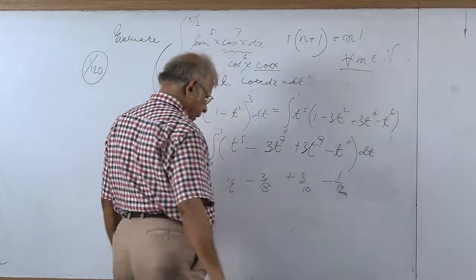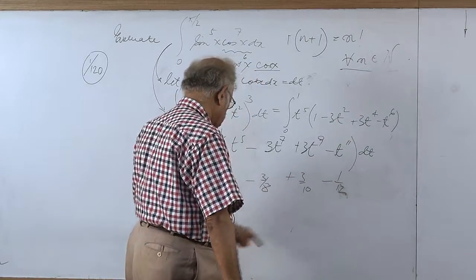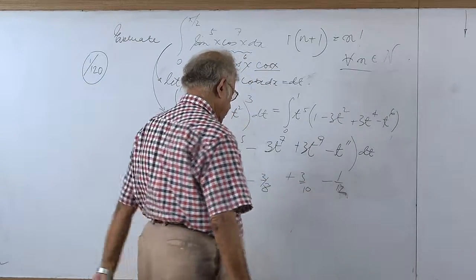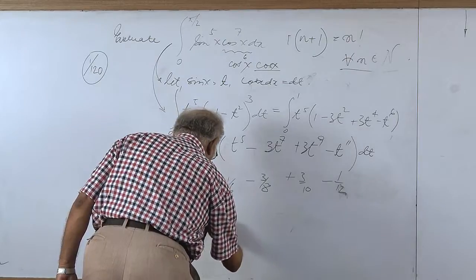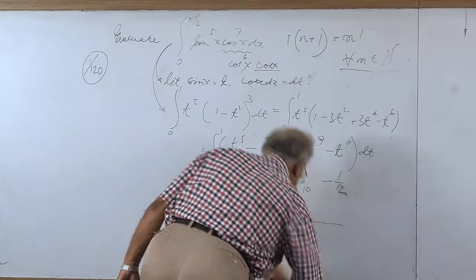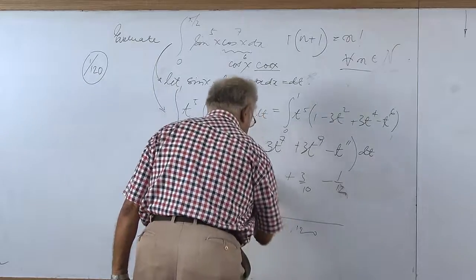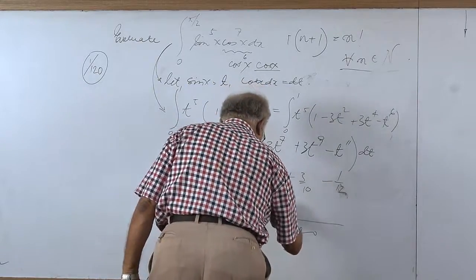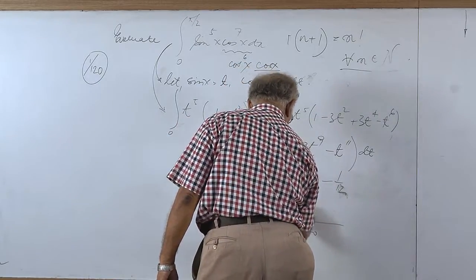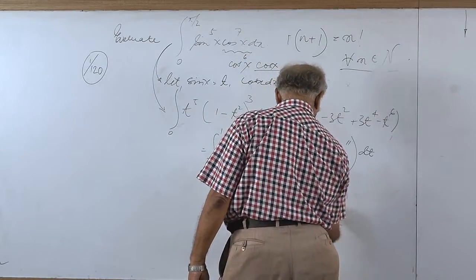Now we'll see if we can take an LCM. The LCM is of course 120. Nothing less than 120 will do. 60 is not good enough. 60 is good for 12, 10 and 6 but not for 8. So this becomes an LCM of 120. 6 goes 20 times, minus 15 into 3, 45, plus 36, 12 times into 3, minus 10 times into 1.